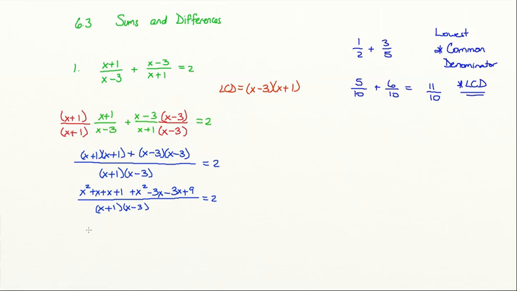So x squared plus x squared is 2x squared. X plus x is 2x. Minus 3x is x. Minus 3x is negative 2x. 1 plus 9 is 10. Let's factor 2 out of the top.